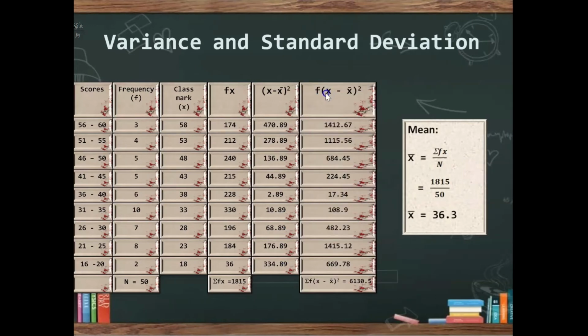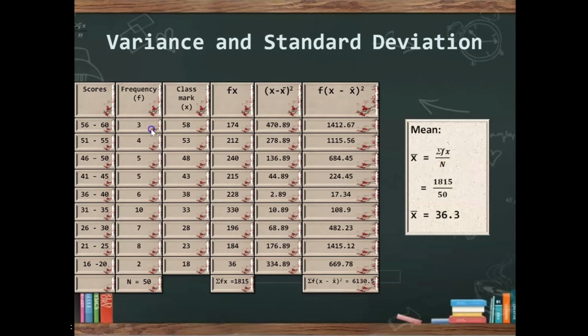So the next column is frequency times (x minus mean) squared. Our frequency is 3. Then multiply it by 470.89.